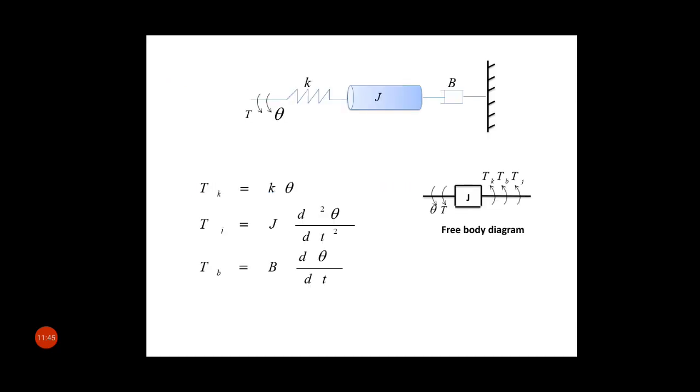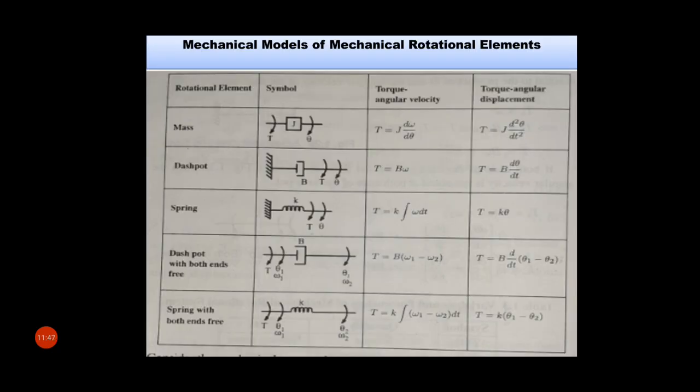Now see this table. This table represents the mathematical models of mechanical rotational elements. The first one is mass, then dashpot, then spring, then dashpot with both ends free, and spring with both ends free. So this table represents the mathematical model of each and every element of a mechanical rotational system.